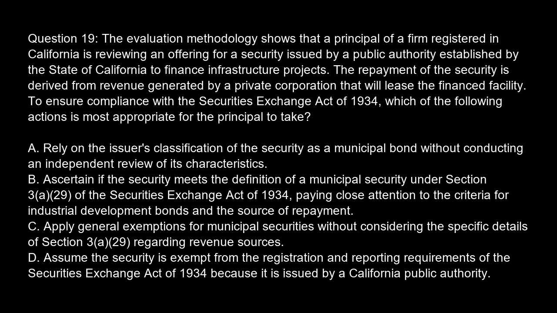Option C. Apply general exemptions for municipal securities without considering the specific details of Section 3(a)(29) regarding revenue sources. Option D. Assume the security is exempt from the registration and reporting requirements of the Securities Exchange Act of 1934 because it is issued by a California public authority.